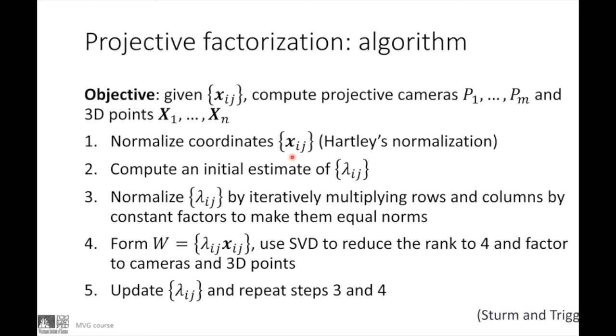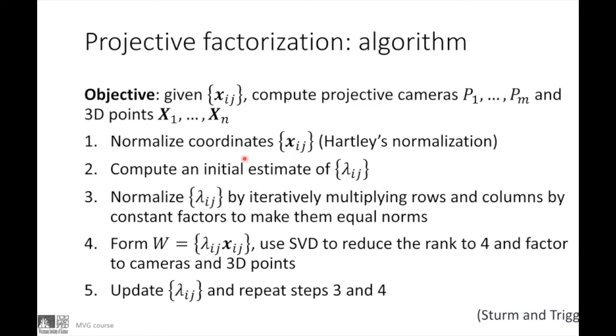Next, we normalize the matrix of lambda ij. So we multiply each row to get a constant norm. Then we multiply each column to get a constant norm, and we repeat this. So if you know how you make a matrix bistochastic, that's a way. That's what you do. It's in a sense the same algorithm. Can you explain again?